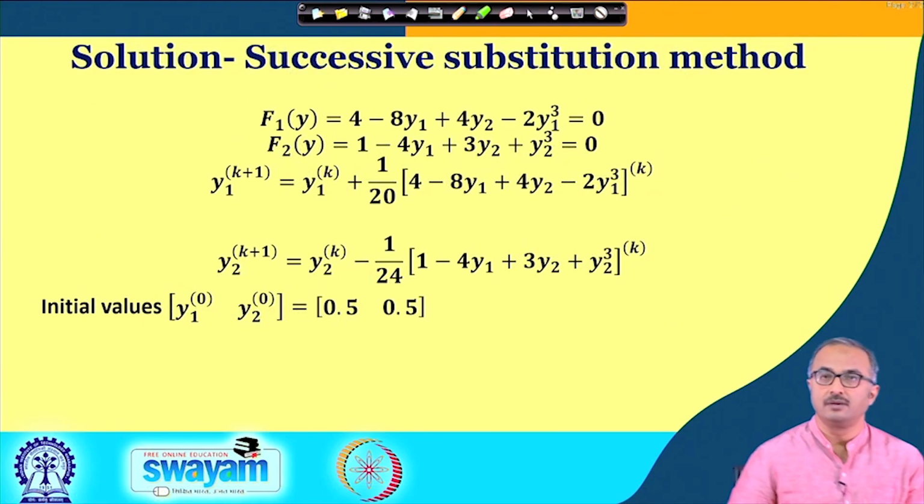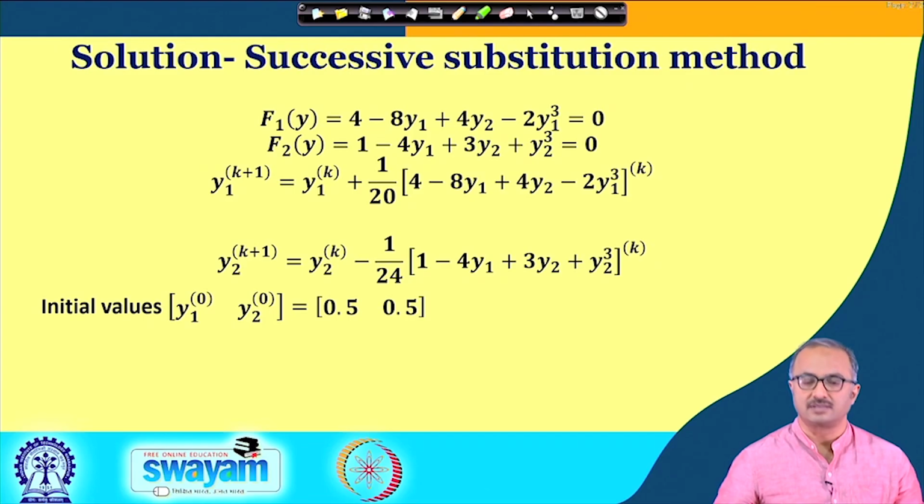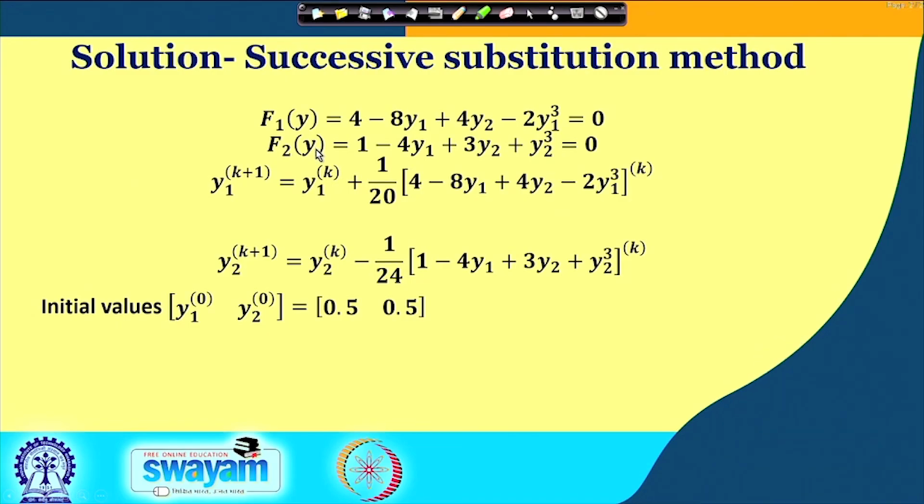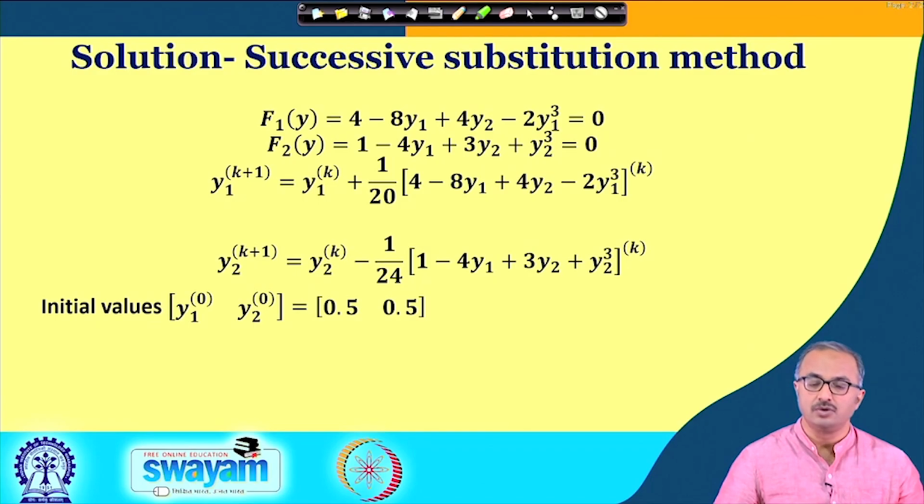Now, first we try to implement the successive substitution method for this system of equations. Here we have to first find out the values of y1, y2 from these two equations, and please always read this y as the y vector. I am not putting the arrow all the time over this particular y. Now, we can use any of these two equations to generate an appropriate expression for y1 and y2.